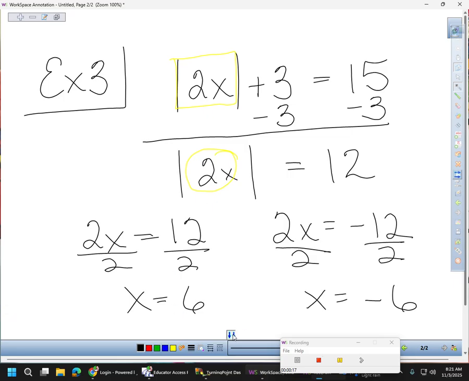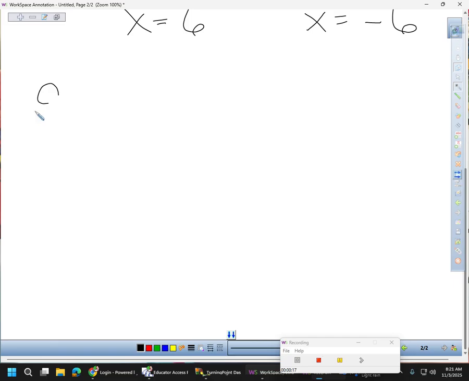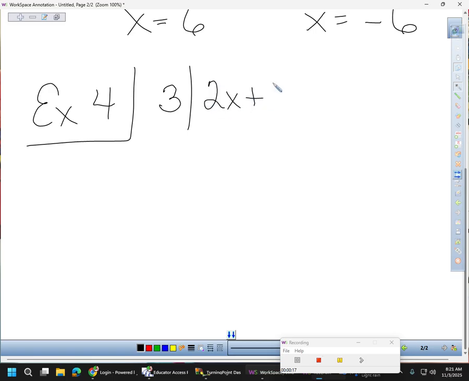Example number 4. All right. Let's say I have 3 times the absolute value of 2x plus 1, minus 1 is equal to 2.